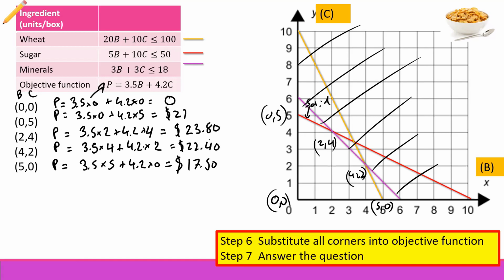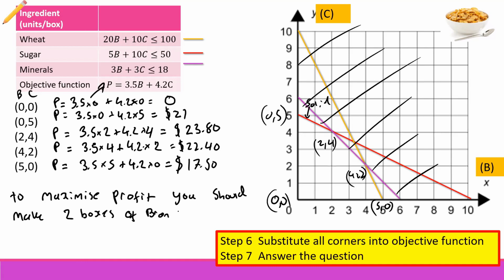So the greatest profit that I can get is by, to maximize profit, you should make two boxes of bran fan and 4 boxes of Cocoa Crunch, and that will give you a profit of $23.80, which is the highest profit here.